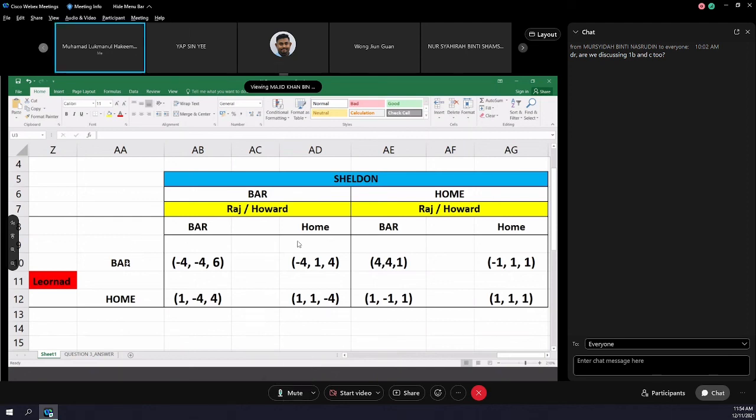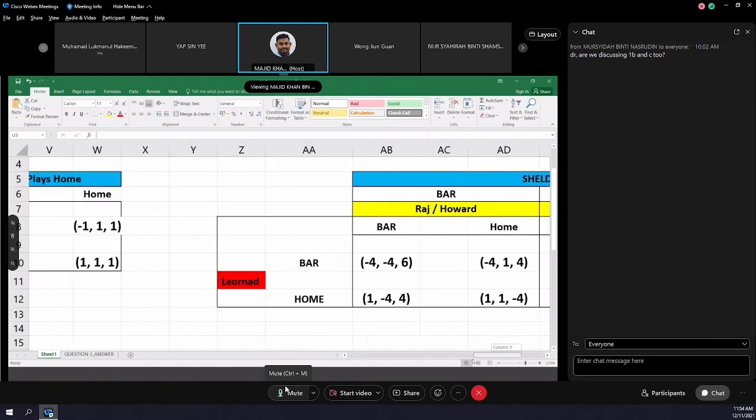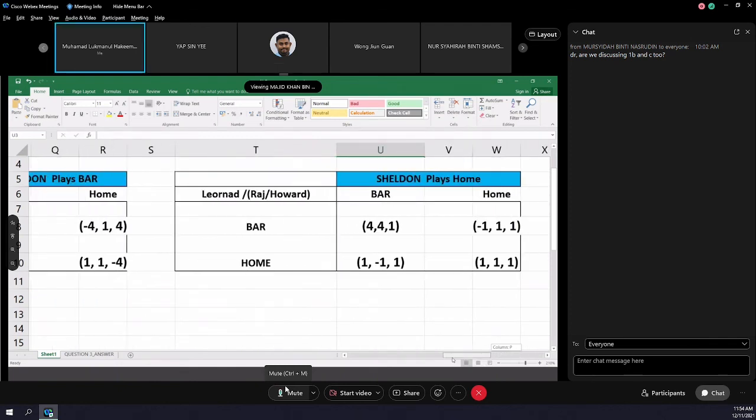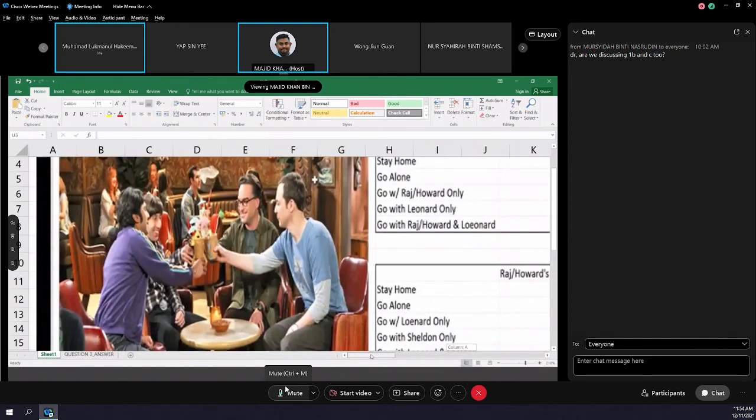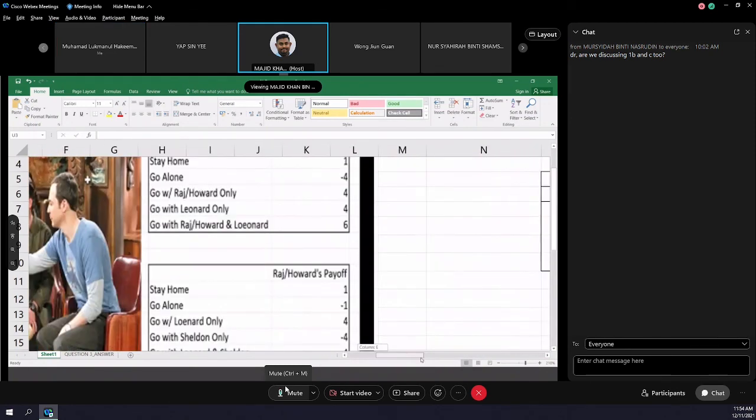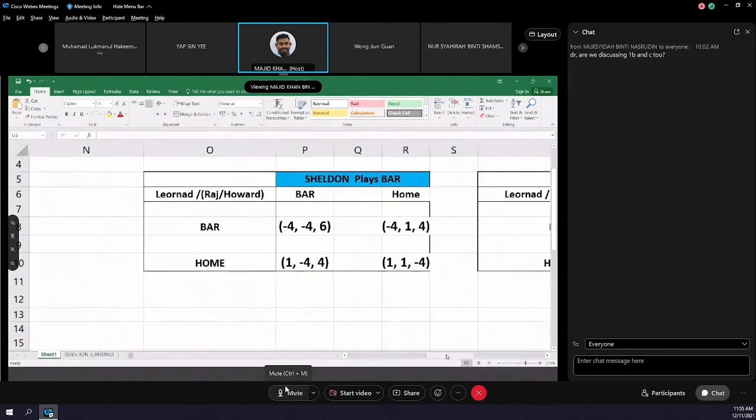Which one did you not understand? Okay, basically what I'm doing here is using back Sheldon's play of bar. Previously, we did it separately: Sheldon only playing bar, correct?